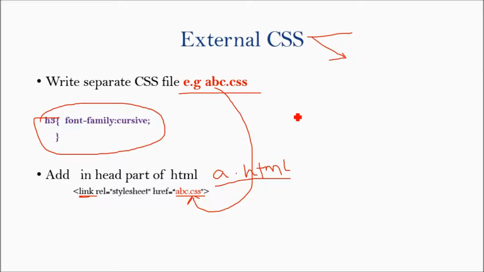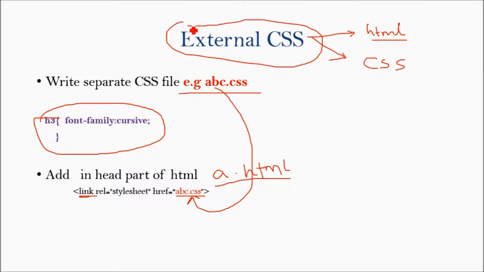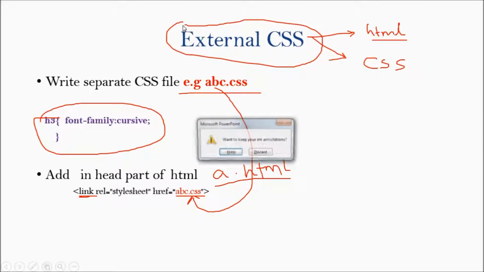If you apply it internally, then if you want to change it, you have to change the HTML file as well as the CSS tags in that particular file. But if you apply it externally and change the CSS file, that will be applicable to the HTML page. I will show you how it is possible and what the advantages of external CSS are over internal CSS.